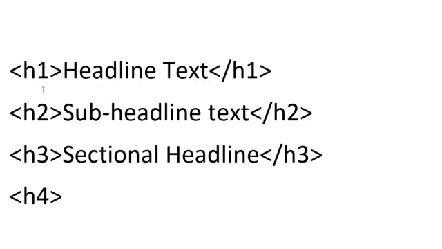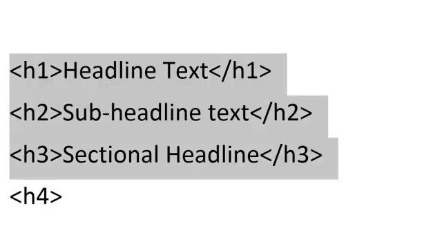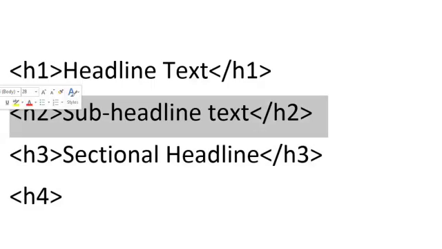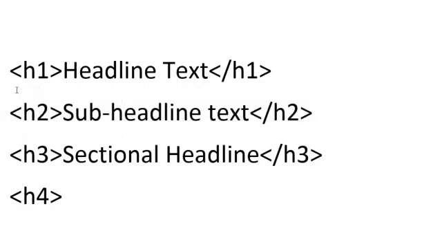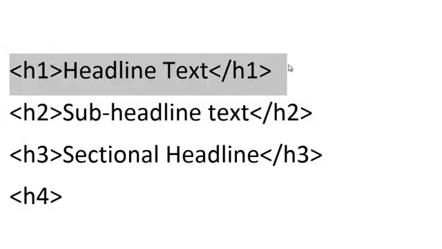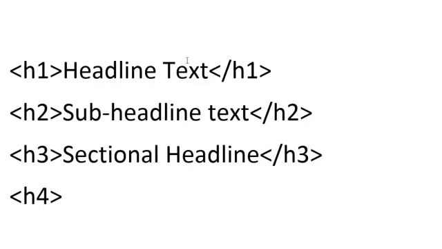So as the number gets bigger, the heading gets smaller, but it's still a headline. Now, when Google comes along, for example, and they read these headlines, they say, okay, this is a headline. This is a headline. This might be not as important as this headline. We don't know exactly, but that's what we've seen.